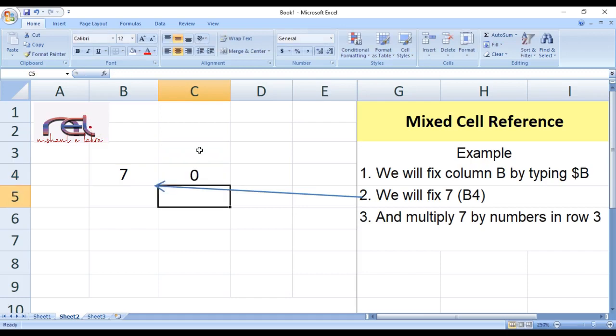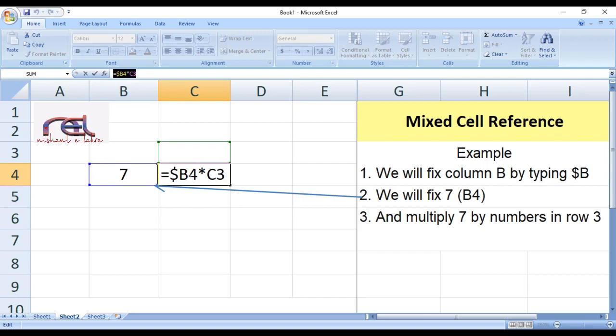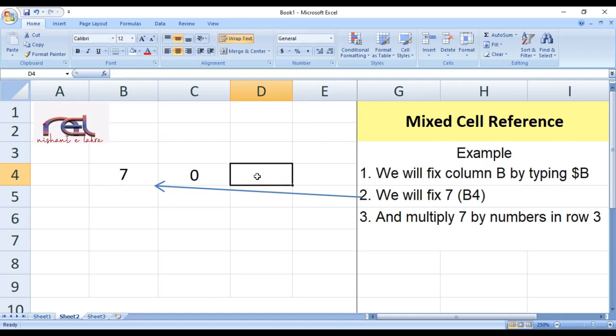So row 3, one of the cells is C3, you can see on your screen. So we have multiplied 7 with the value that we will enter in C3. So 7 will be multiplied by the value present in C3. Same thing we'll do in cell D4, equal, fixing 7.